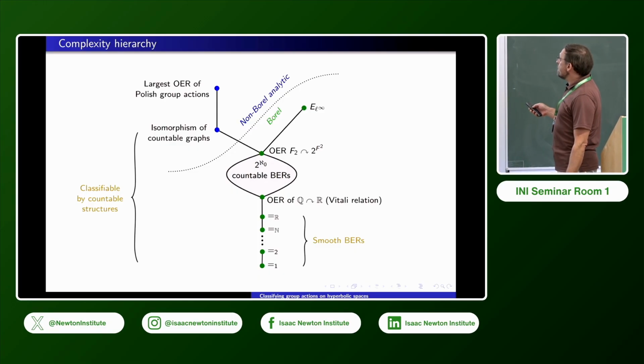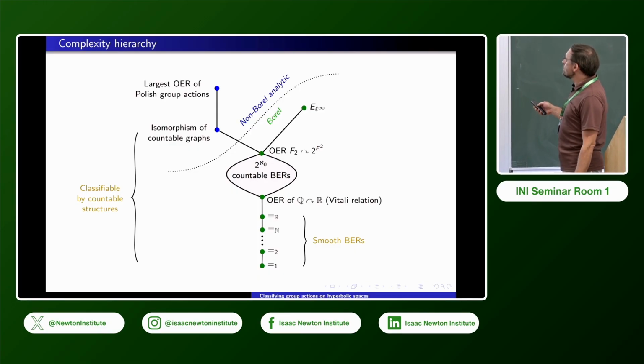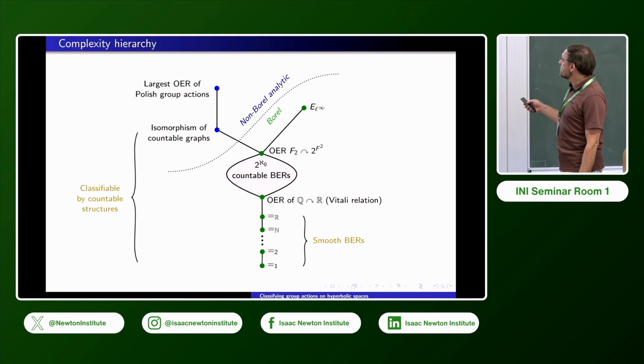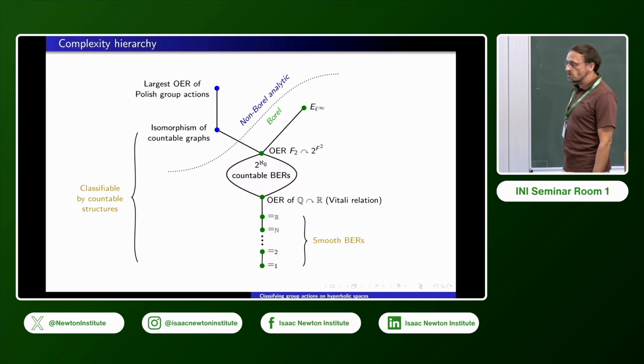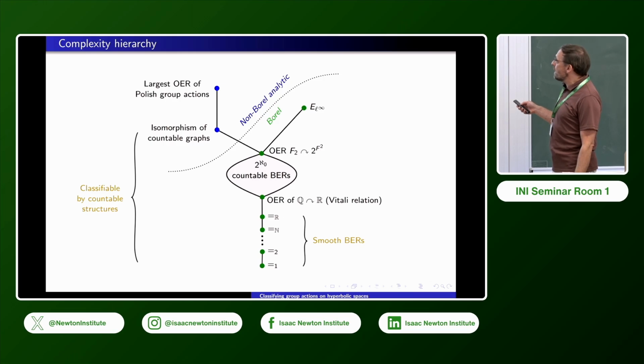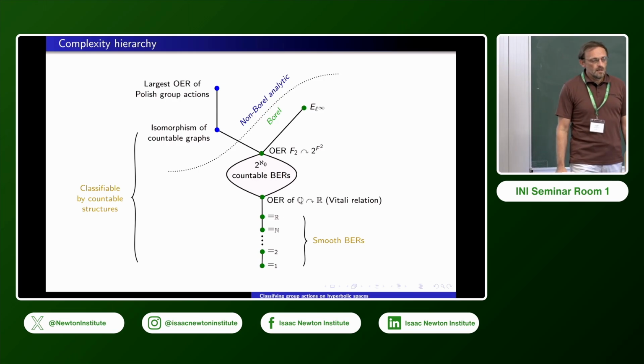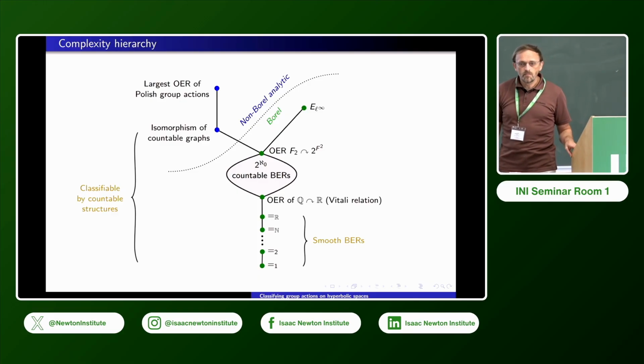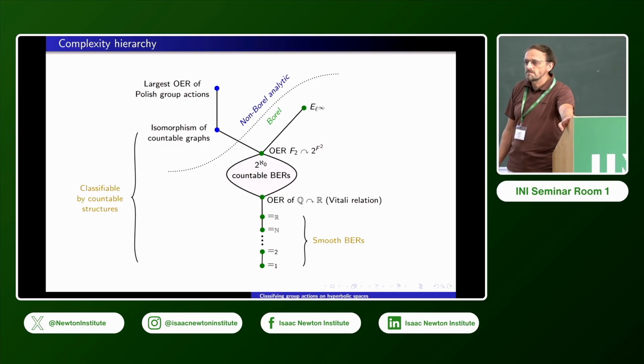Well, what you have to take from this picture is that this E_L-infinity, which I'll use later in my talk, first of all, the corresponding classification problem is not classifiable by countable structures, so it's extremely unclassifiable in a certain sense. And second, this equivalence relation cannot be induced by any action of a Polish group on Polish spaces by Borel transformations.